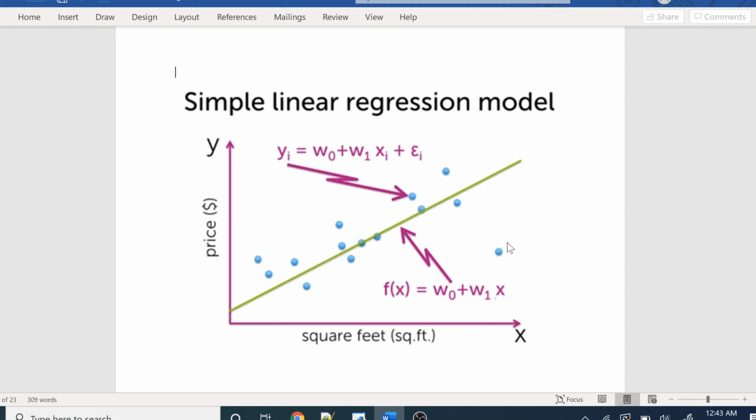In reality, it is not that only the square feet of the house can predict the price of the house.